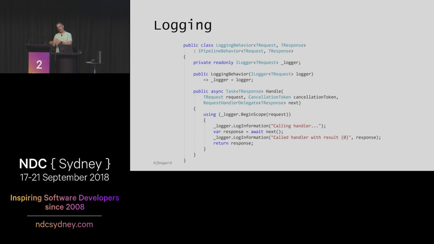Logging, of course, is the canonical thing they do with decorators: log every single request. That's super simple now. I have one single place where I log every single request and response in my system. In this case, I log with a scope to say I'm starting this request, I call the handler, I do the work, and then when I'm done, I say, OK, this is what I called, and this is the actual response on the other side.